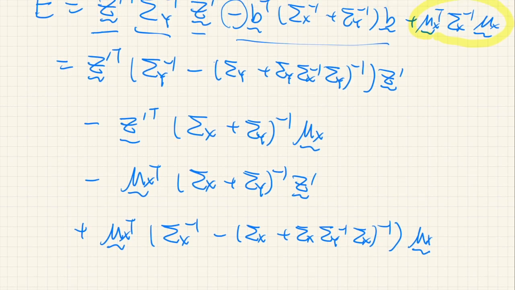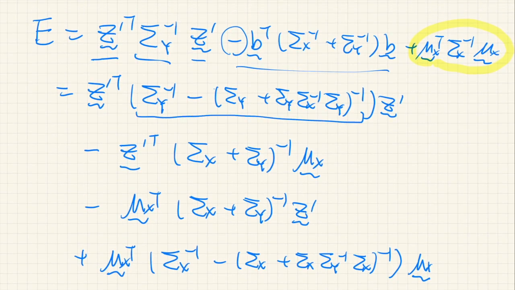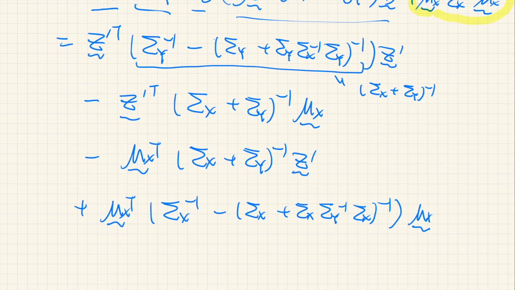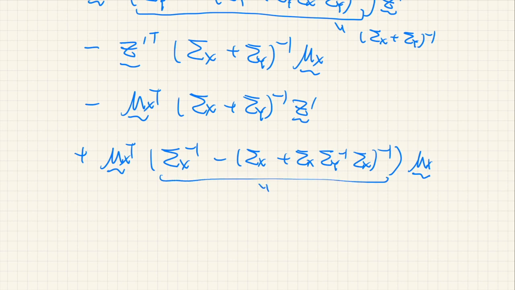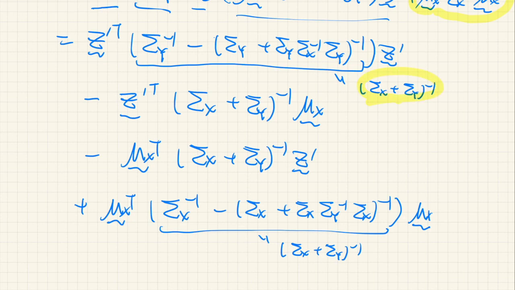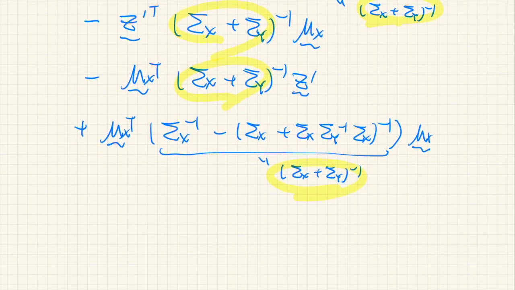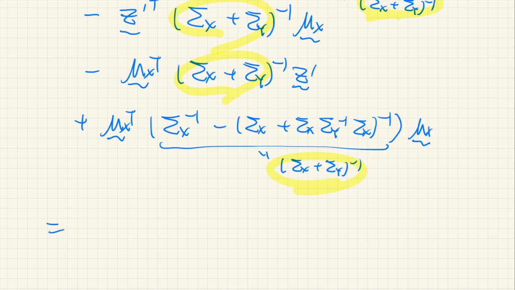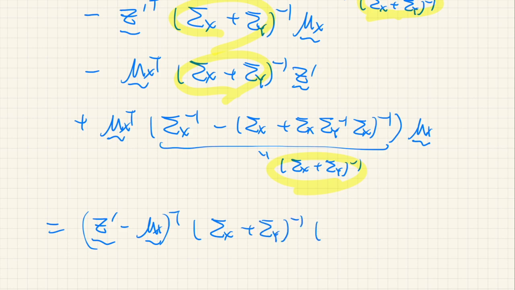Now we use the lemma we proved before. This matrix is equal to the inverse of Σx + Σy, and this matrix is equal to the inverse of Σx + Σy. So after all, we have the same matrix here, here, here, here. So therefore, this can be factorized as this: (z' minus μx) transpose (Σx + Σy) inverse (z' minus μx).